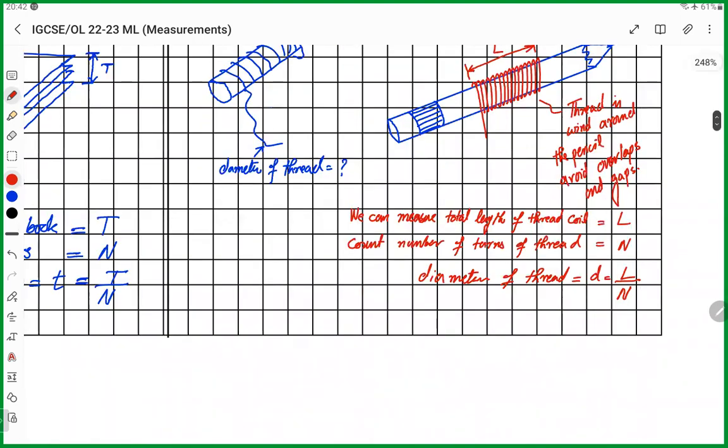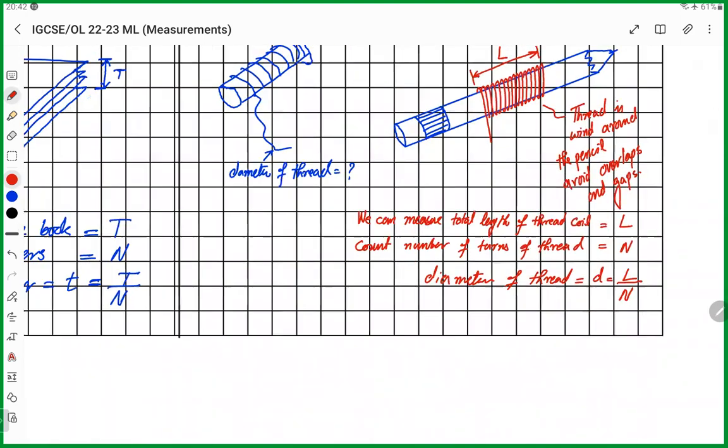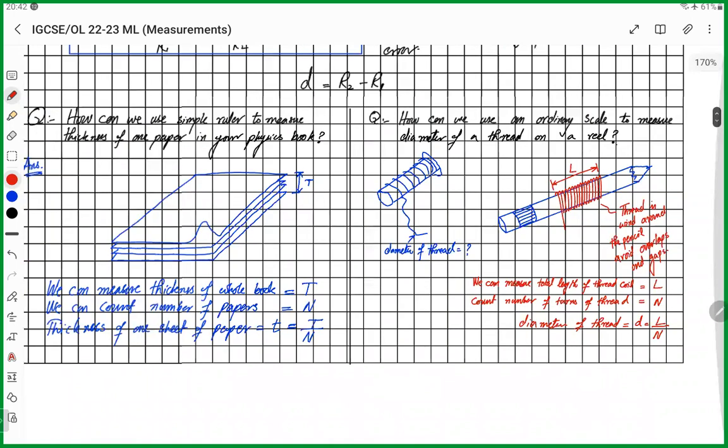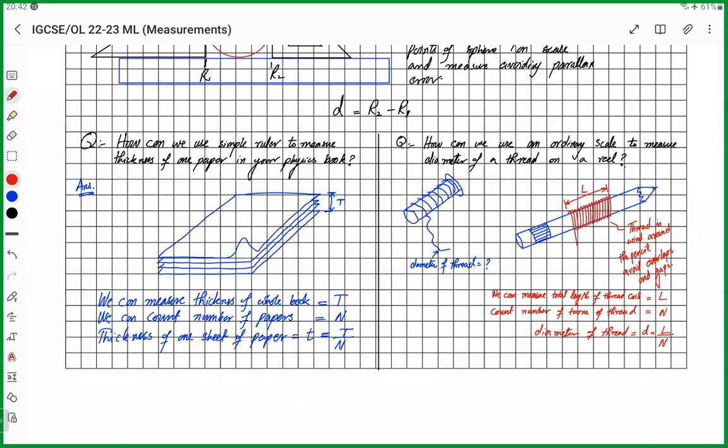This is how we can find the diameter of thread using an ordinary ruler.